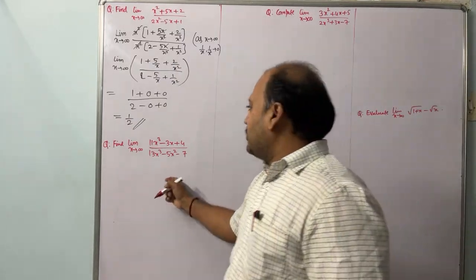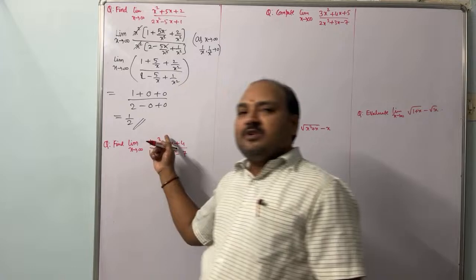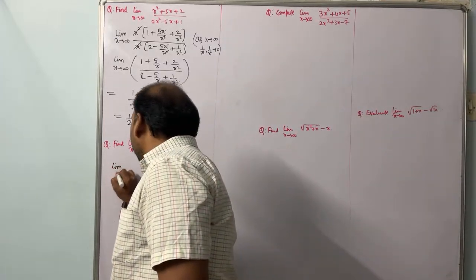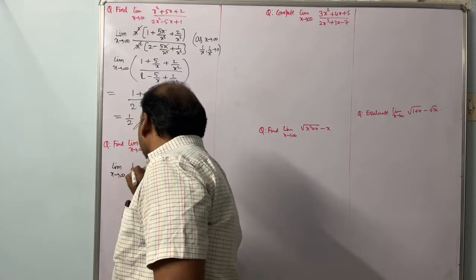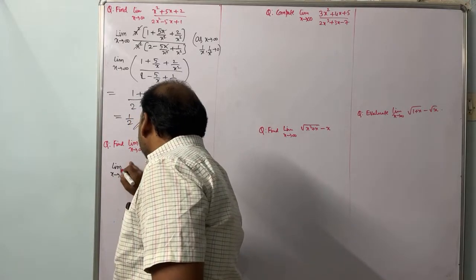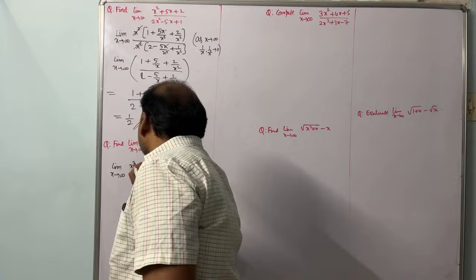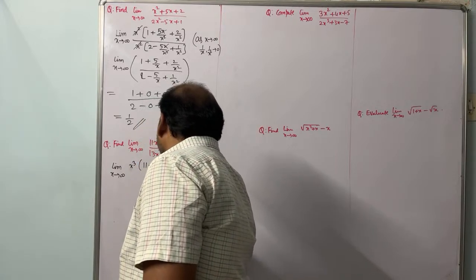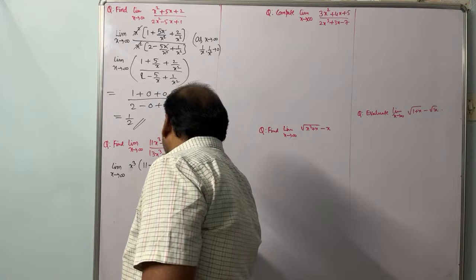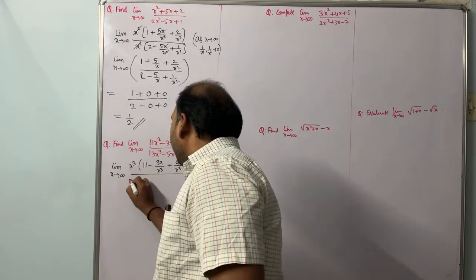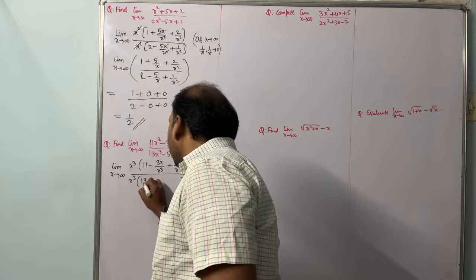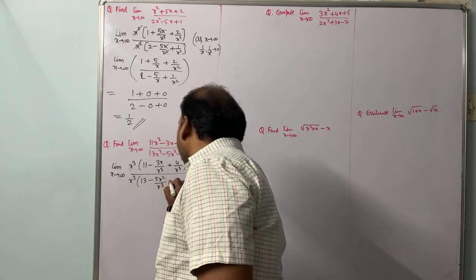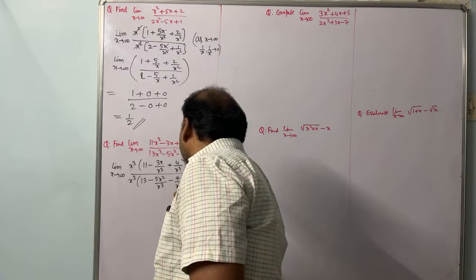You come to the next question here. Here also x cube is the highest power in numerator and denominator. So limit x tends to infinity, x power 3 I am taking common. 11 minus 3x by x power 3 plus 4 by x power 3 whole divided by x power 3 into 13 minus 5x square divided by x power 3 minus 7 by x power 3.